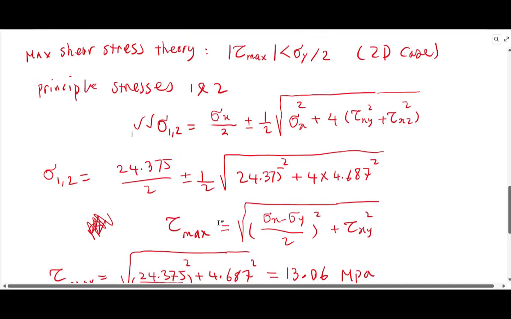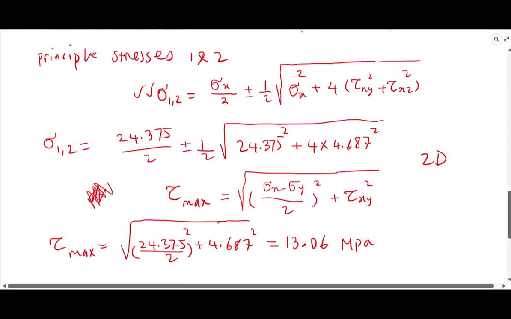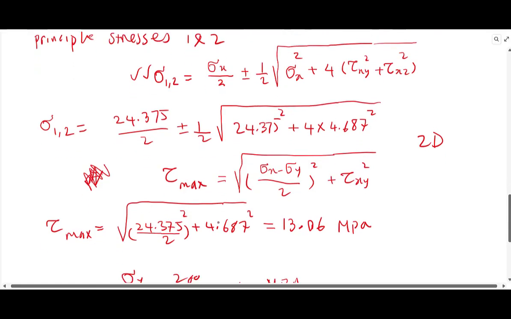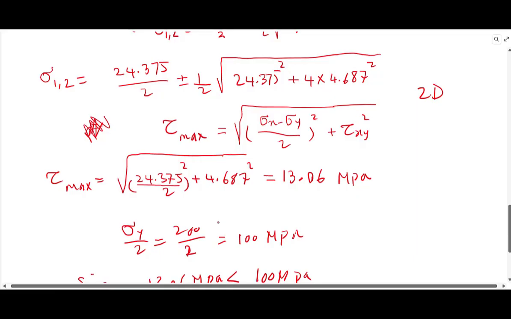So according to the Mohr circle, the maximum shear is given by a formula in two-dimensional planar stress. There is no sigma y, this is only sigma x. So you just substitute those numbers here together with the transverse shear stress you found, and that would give you only 13 megapascal.